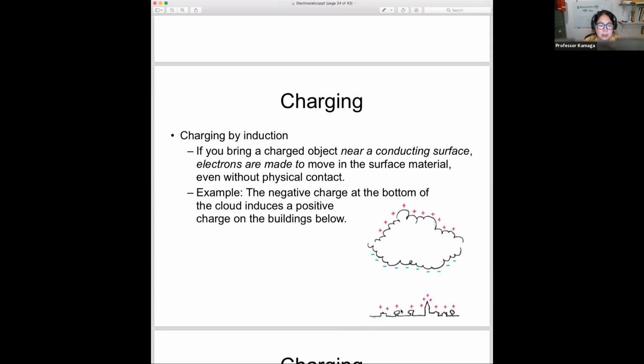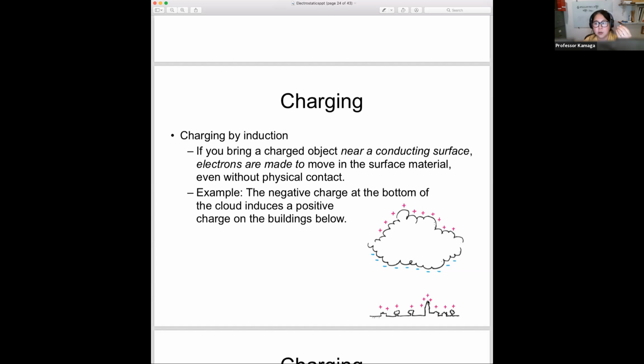When you have a conductive surface that has a non-nice shape, some parts are pointy and some parts are flat. We're going to do this a little bit more later, but if you have a pointy object, charges like to accumulate and go more to the pointy side. And in a flat region, they go away.